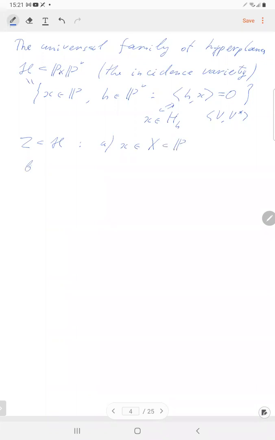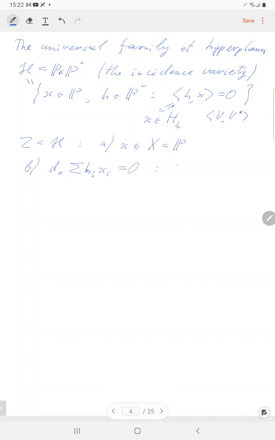Okay, and second, I require that the corresponding section acquires a singularity at X. That is, I require that the differential that is tangent to X, so to say, the differential of this form, the sum of H_i X_i, okay, this pairing is 0.